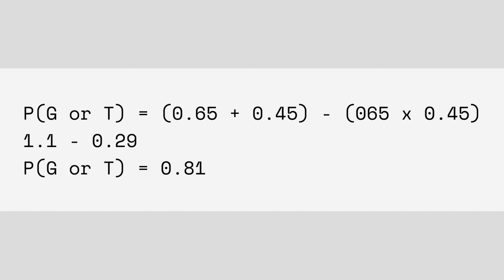So we add those two values together, and then we subtract the product. So 0.65 times 0.45 gives us 1.1 minus 0.29, which means that the probability of Michigan either winning the game or winning the Big Ten outright is 0.81, or 81%.